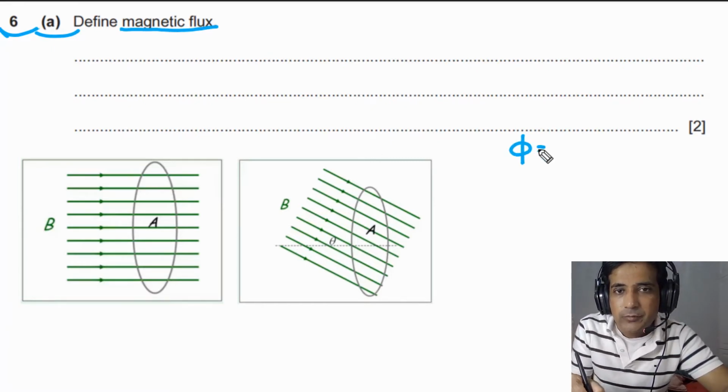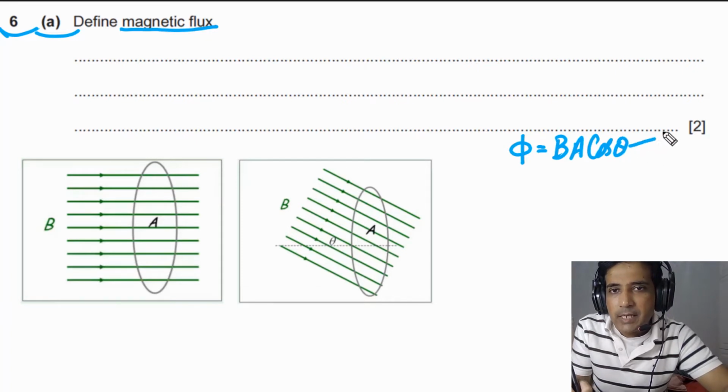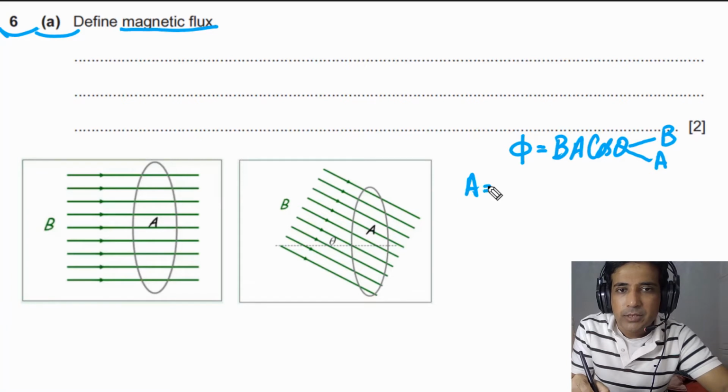We use the symbol phi for magnetic flux, and magnetic flux is equal to BA cosine of theta. Theta is the angle between the magnetic flux density B and the area normal vector A. So you need to understand A in this case: the area normal vector.